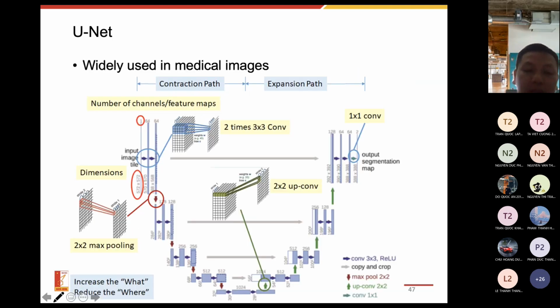So for example, when we discussed the UNet, at this point you need to combine the output of the up-convolution layer here with the activation map of the corresponding layer in the contraction path, and you see that the information contained in the output of the up-convolution 2 by 2 here might be totally different from the output of the activation map in that location.